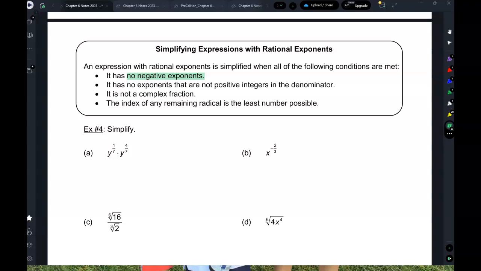So basically, any exponent in the denominator has to be a positive integer. That means in the denominator, you can never have a negative number. You can also never have a fractional exponent in the denominator. So all exponents of the denominator have to be positive and they have to be integers.